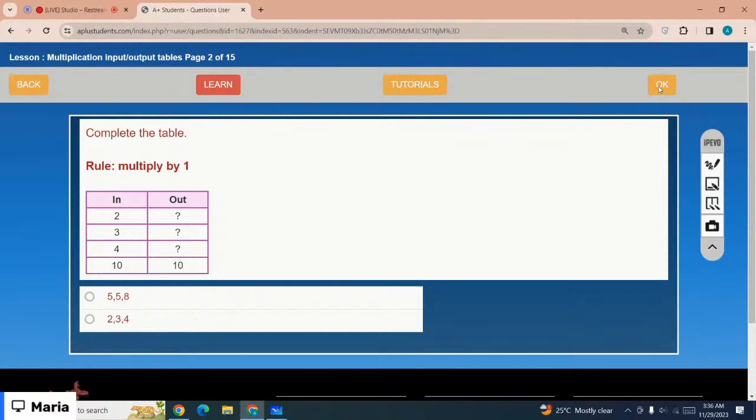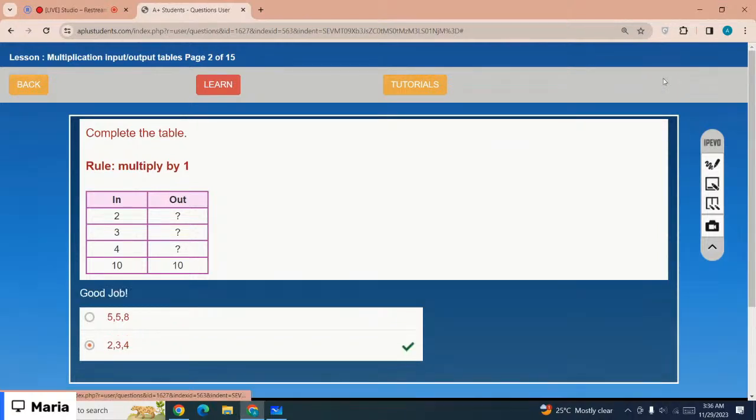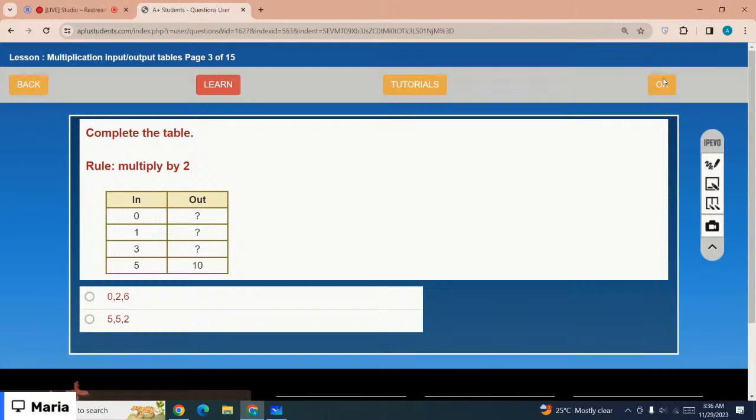So which is the correct option? Yes, the correct option is 2, 3 and 4 because you need to multiply them by 1. So 1 times the number is exactly the same number, that is 2, 3 and 4 is the correct option. The next one is complete the table, multiply by 2, which is the correct option.